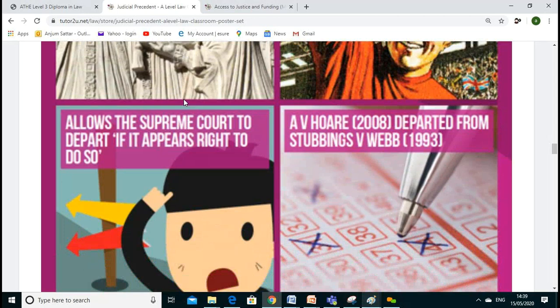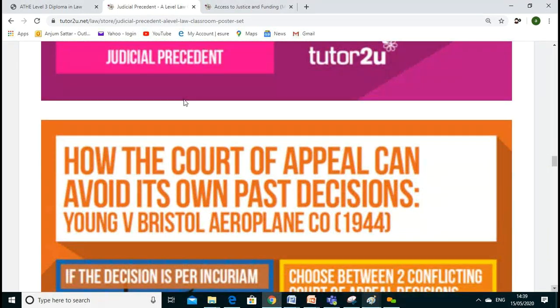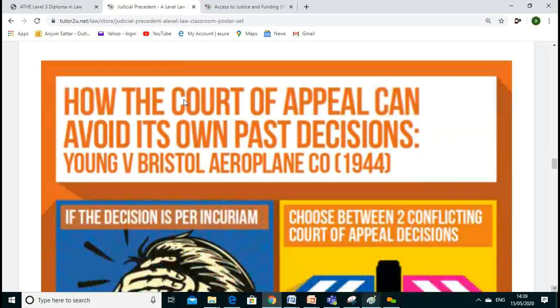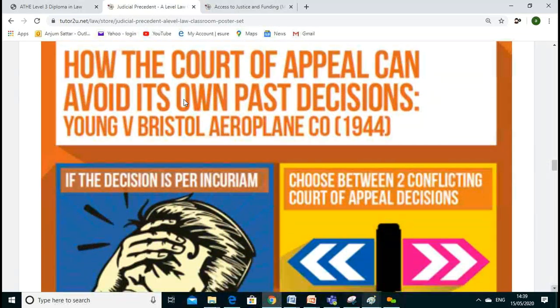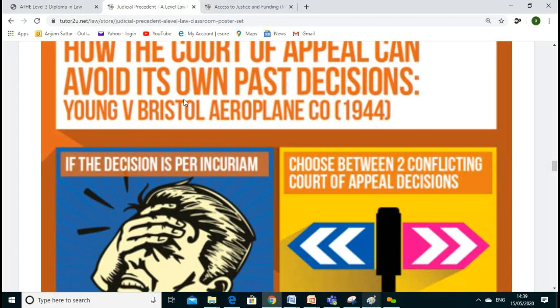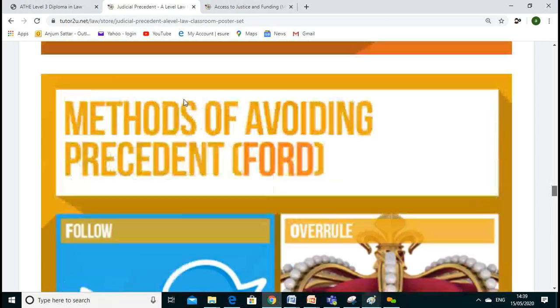So there are some case laws from previous cases. Judicial precedent means the past cases. So how can the Court of Appeal avoid its own past decision? Sometimes the facts and figures, because always we are looking at one thing: the clear wider interest of the public. This we will go through in all of today's lesson.